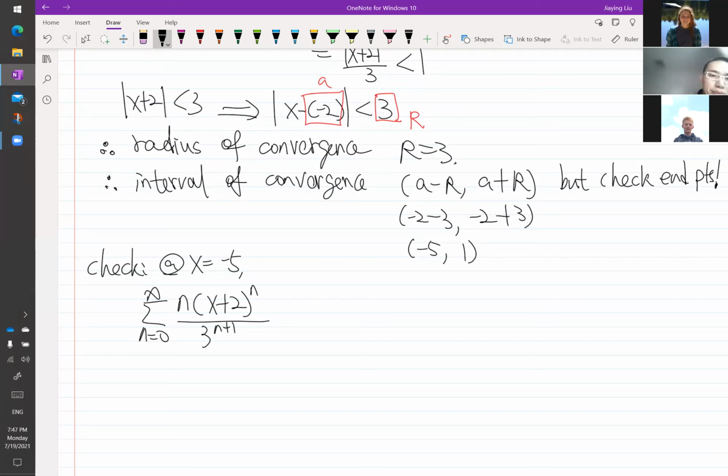But for now, I'm going to put -5 in there. So if I put -5 in for x, I get the series n from 0 to infinity, -5 plus 2, that's -3 to the n, divided by 3 to the n plus 1.